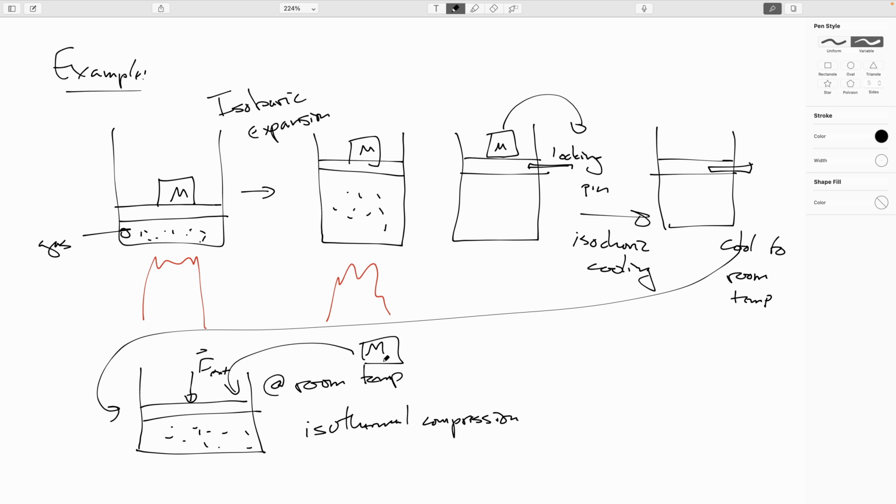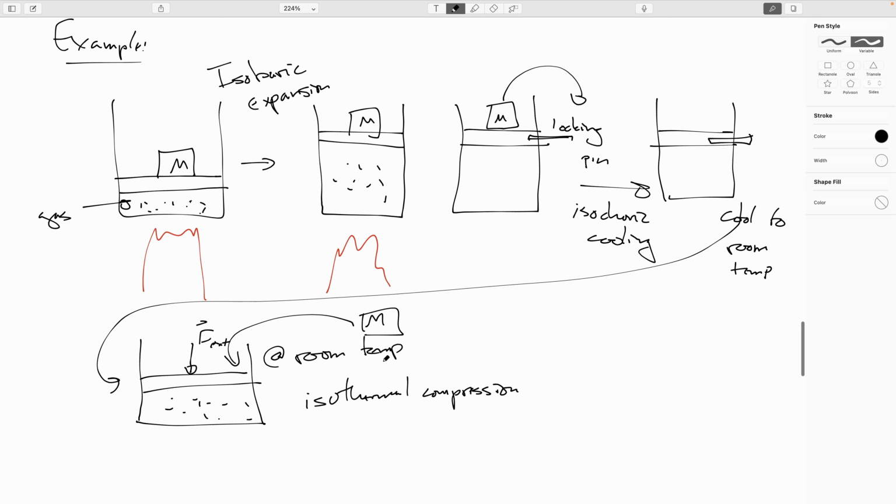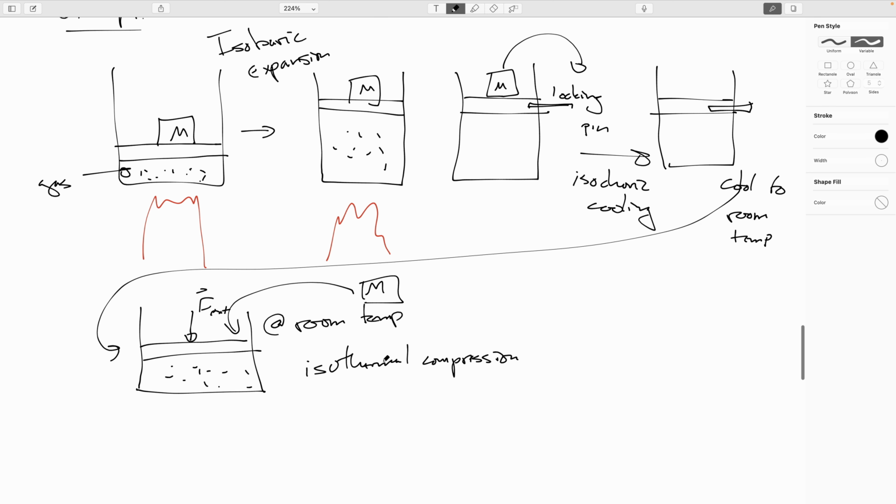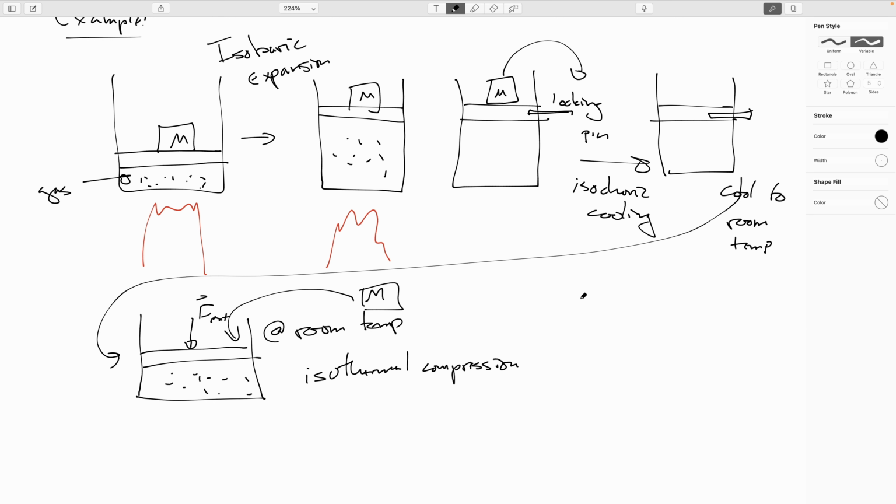Let's draw a PV diagram for this and think about where the heat flows are and what the work is that we get out of this. So plotting P versus V. In my first step here, I'll label this 1 to 2, like this.